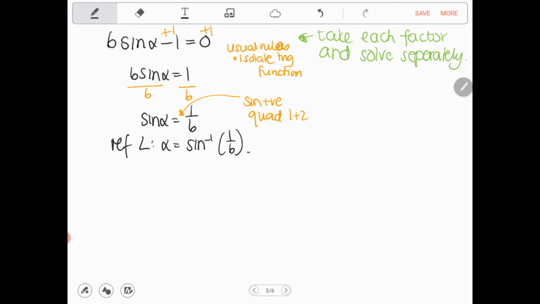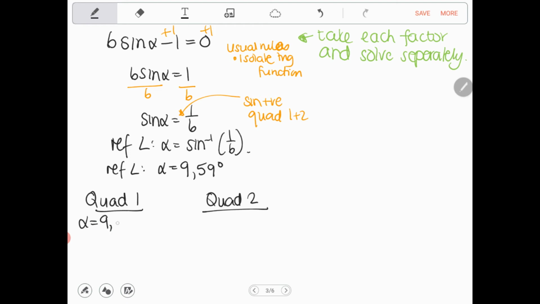And our reference angle is going to be 9.59. Okay, we said we were working here in quadrants 1 and 2. So in quadrant 1, we have our reference angle plus k lots of 360. And in quadrant 2, we have 180 minus our reference angle plus k lots of 360.